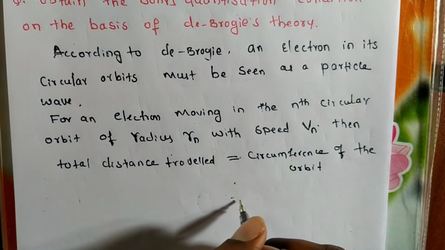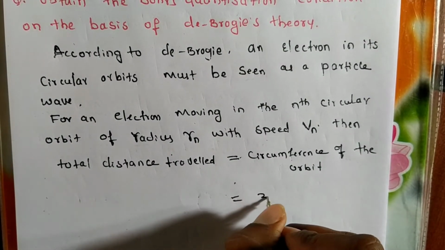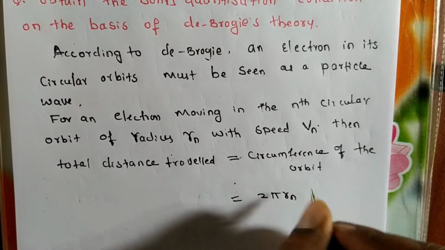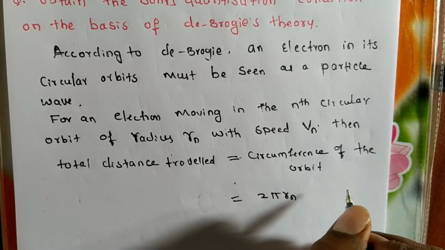That circumference of the orbit is considered as 2 pi Rn. This is 2 pi Rn.